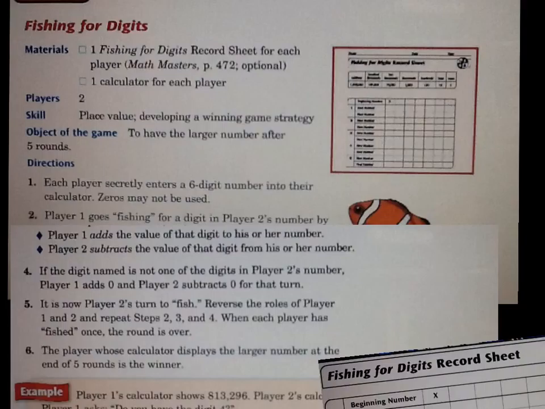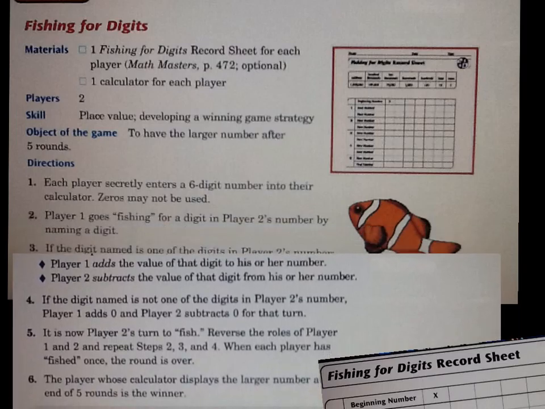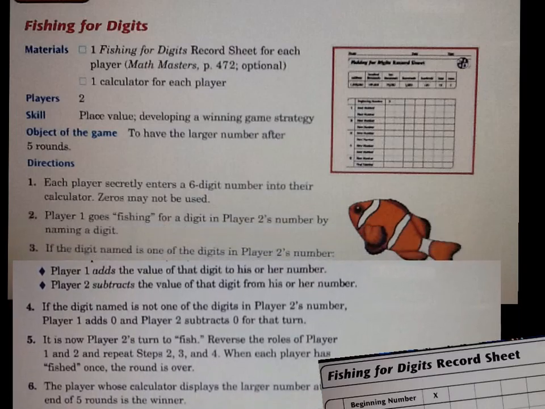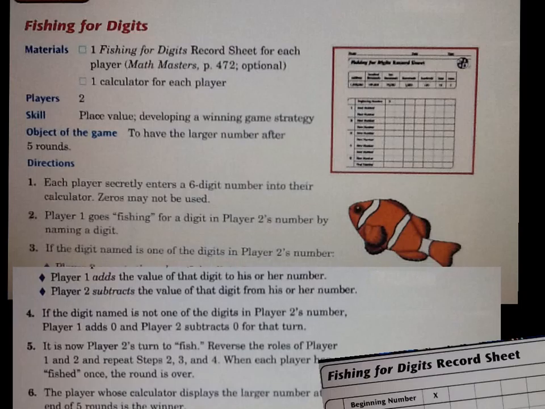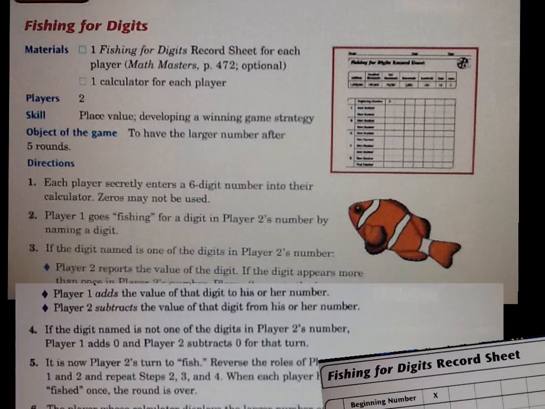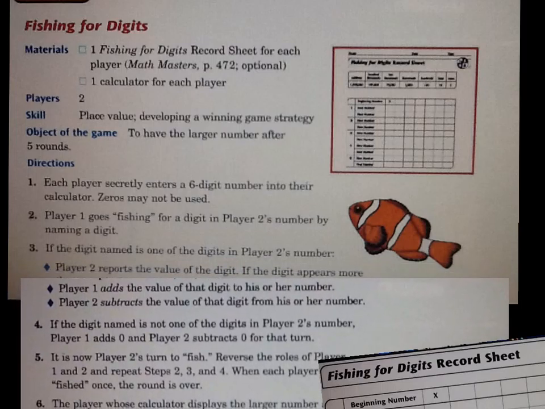Here are the directions. Step 1. Each player secretly enters a 6-digit number into their calculators. Zeros may not be used. Player 1 goes fishing for a digit in player 2's number by naming a digit. If the digit named is one of the digits in player 2's number, player 2 reports the value of the digit.